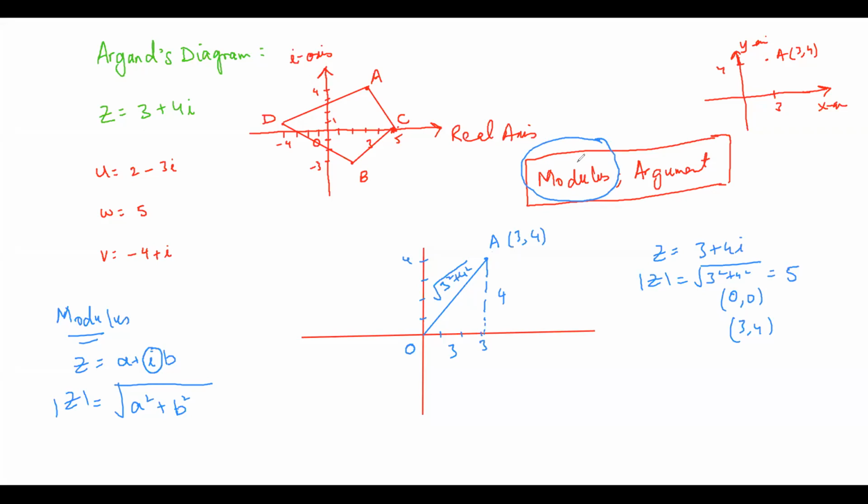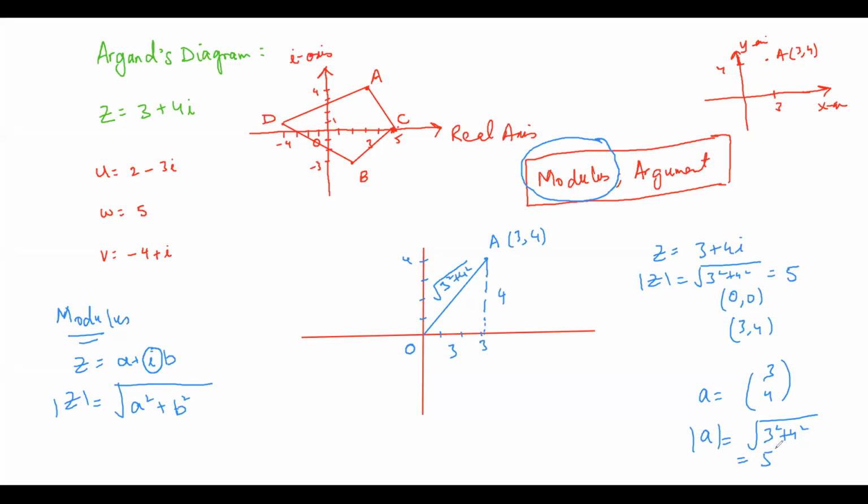If you take it as vectors, you remember you had a vector A, which is let's say 3, 4, and then you had to find its magnitude. That was also like this: 3 square plus 4 square. So just like you have the magnitude of a vector, similarly you have the modulus of a complex number.